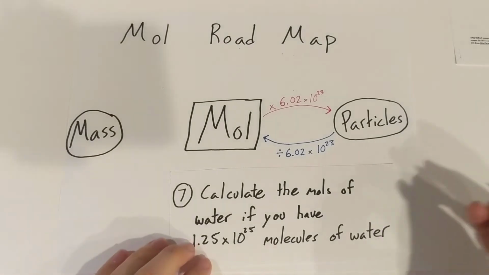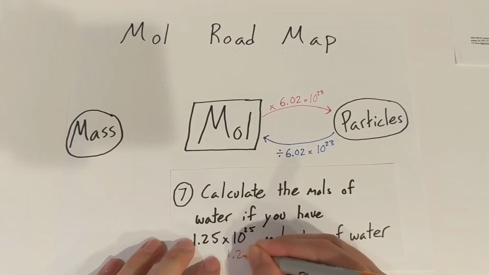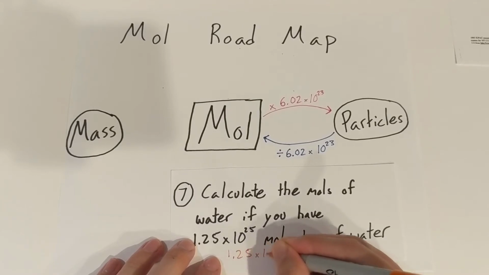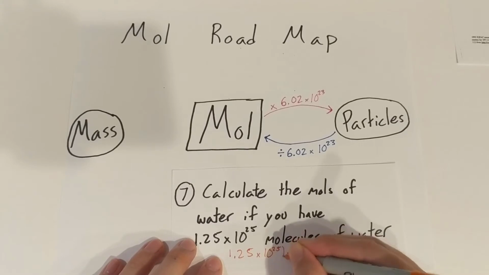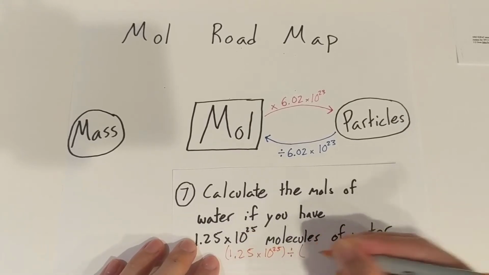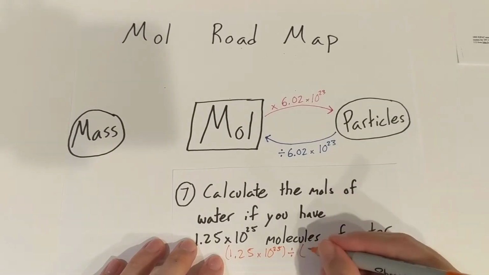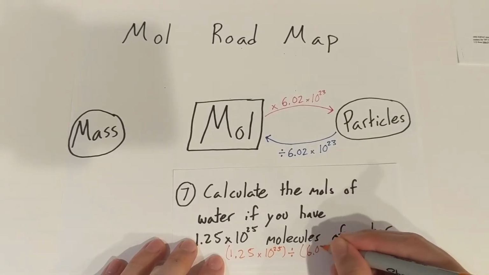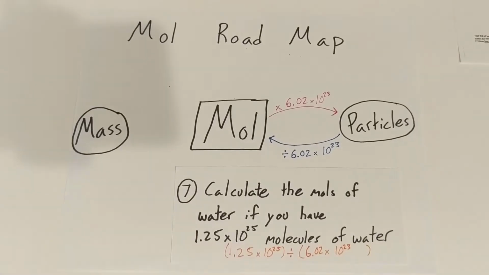So in this case, we have 1.25 times 10 to the 25. We're going to be dividing. I'm going to put these in parentheses. You might want to do that on your calculator too. And we're dividing by Avogadro's number. So 6.02 times 10 to the 23rd.